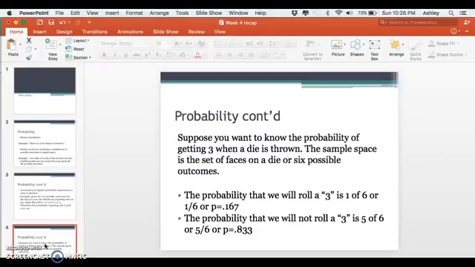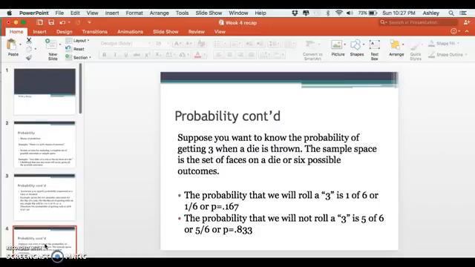The probability that you will not roll a 3 is 5 out of 6, or 5 divided by 6, or p equals 8.33. Now, if someone were to ask you this question and ask for a ratio, the ratio for the probability of throwing a 3 on a die is 1 to 5. Okay? Because there's 6 faces, so 1 to 5 would be your ratio.